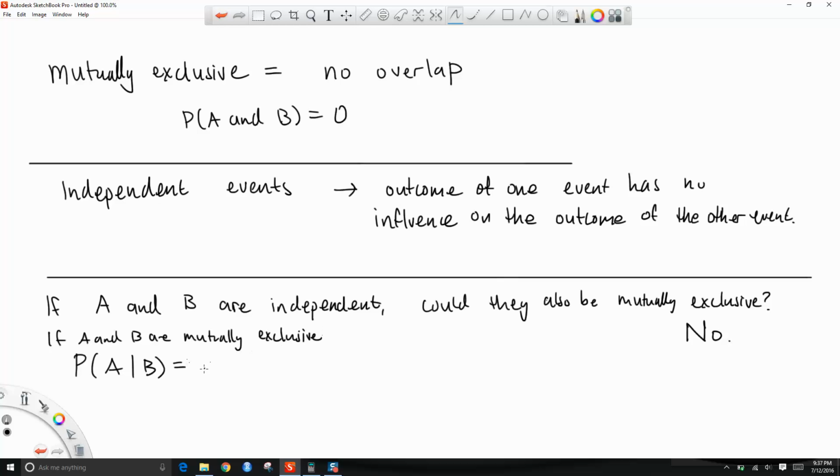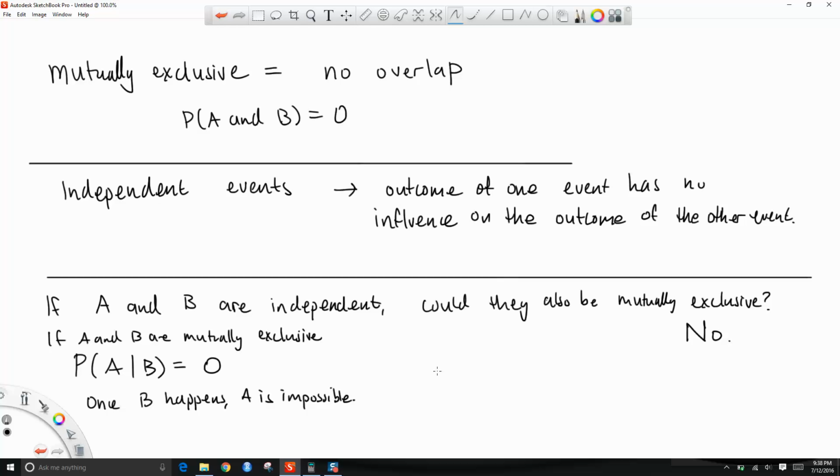It is equal to 0 because there's no overlap. Once B has happened, A is now impossible. Once B happens, A is impossible, and vice versa. Once A happens, B is impossible.